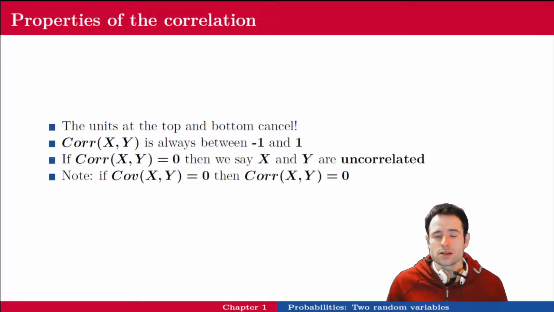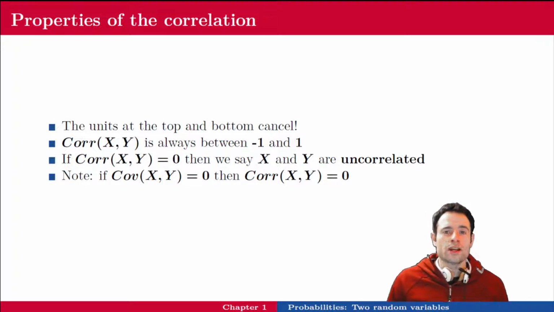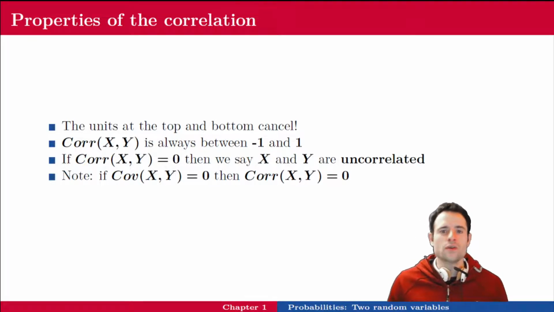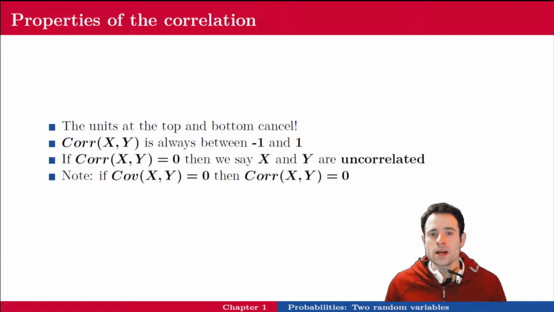In economics, we are particularly interested in making a distinction between correlation and causation. Correlation does not imply causation. I'm sure you've heard this somewhere. Everybody says it. Two variables could be correlated, but it doesn't mean that one causes the other.